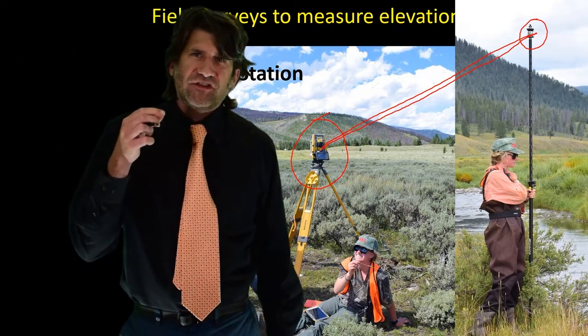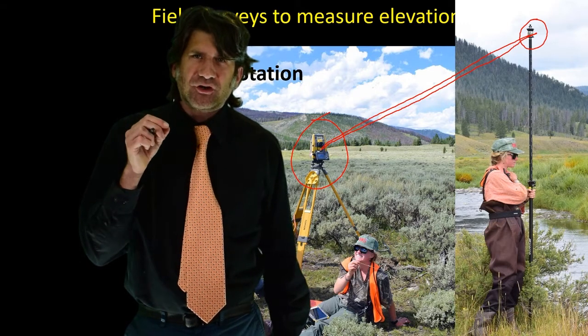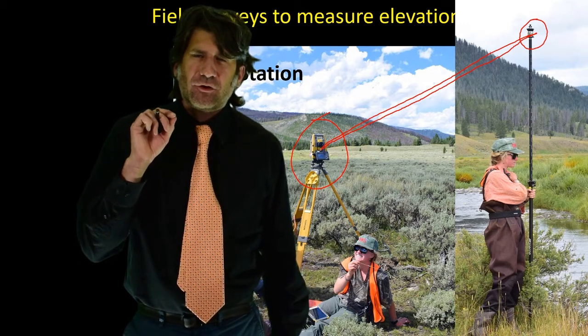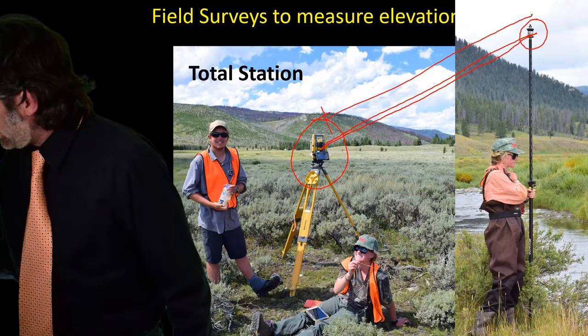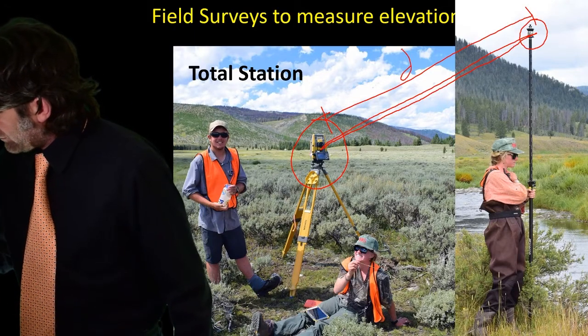The total station is able to very accurately measure the time it takes for that laser pulse to get back, and based on that time, it can determine the distance.